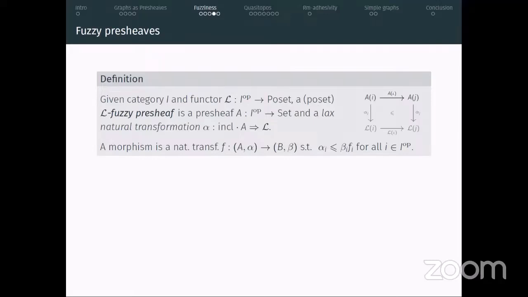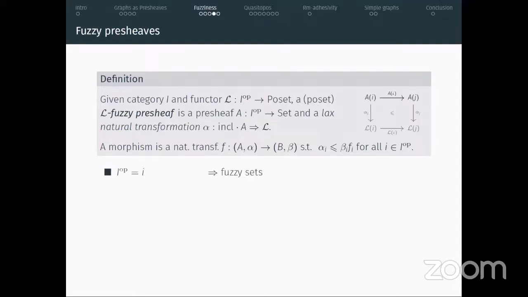So on every level of I, we have a membership function or labeling function. And what does it mean to be lax? It means that this naturality square, instead of commuting, must commute up to a 2-morphism in poset, which just means that less-or-equal commutes. So if this is a function, it must be smaller than this one. And the notion of morphism is as before: on every level, it must not decrease.